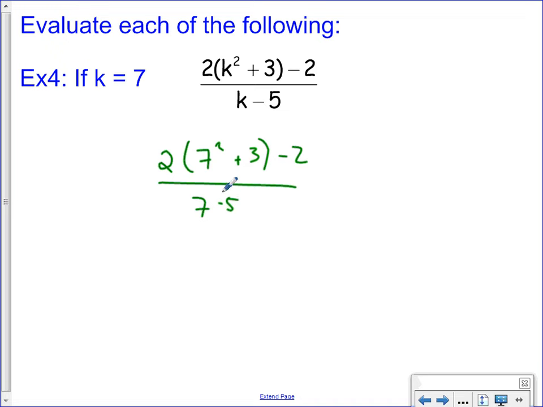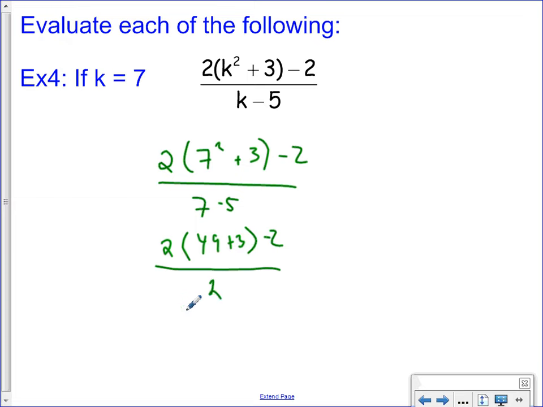For example, over here, the 7 squared in the order of operations is exponents. Well, you're working on parentheses, but inside parentheses, you have an exponent. So I do the 7 squared first. So that would be 2 times 49 plus 3 minus 2. And the bottom is just 7 minus 5.